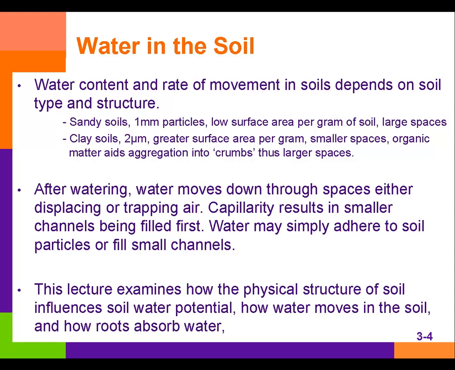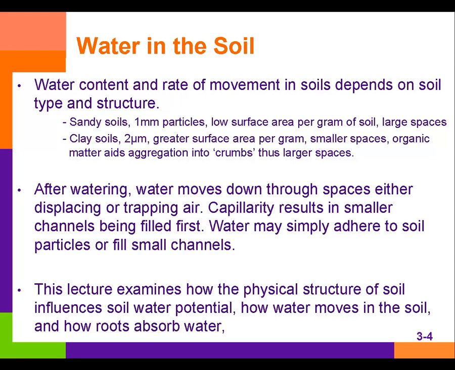Soil has a number of different properties, or we have a number of different types of soils. On one hand, we have the sandy soils, which have the largest particles and the largest spaces between each soil particle. Because they're such large particles, there's a low surface area per unit weight of soil.